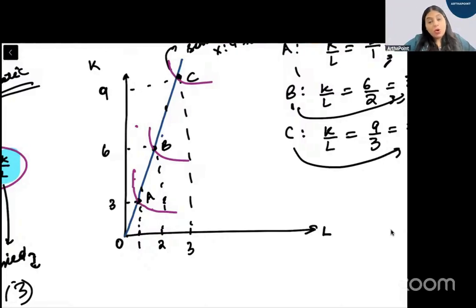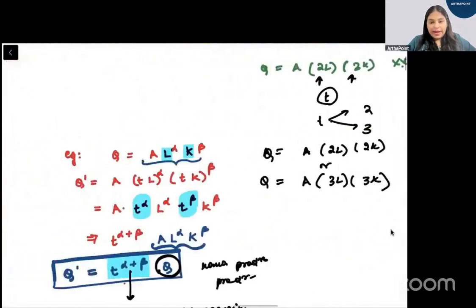So we can also say that homothetic production functions are radial or scaled expansions of each other. Okay. Now, let us go back.